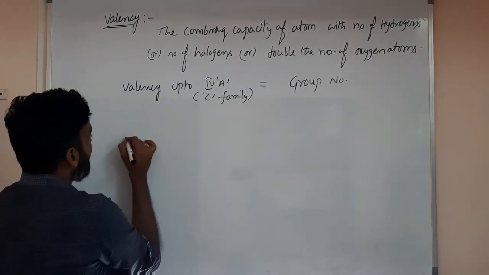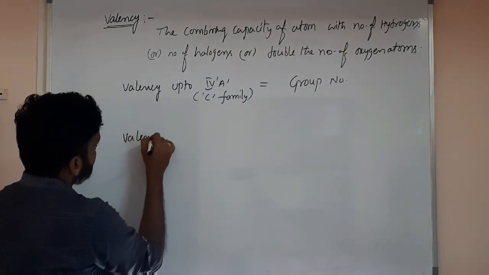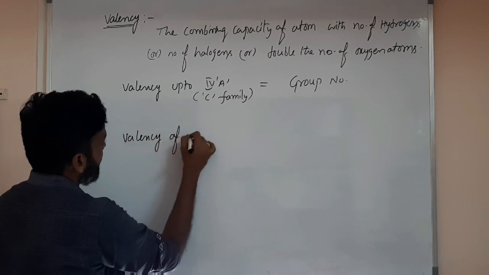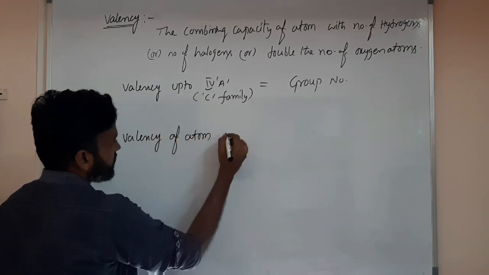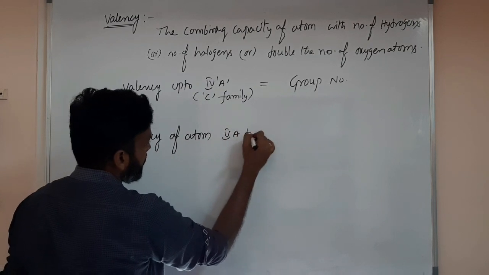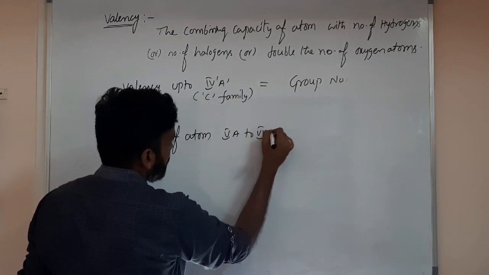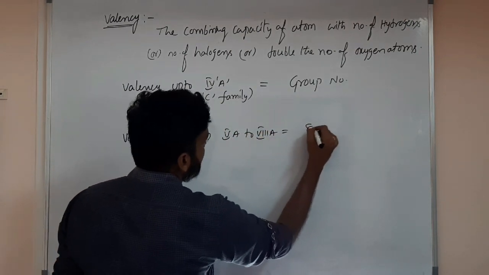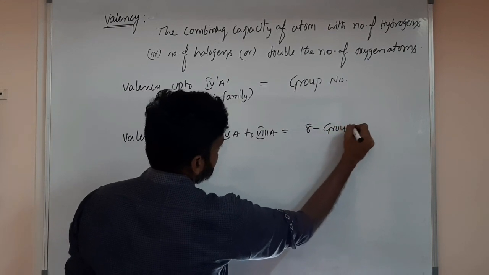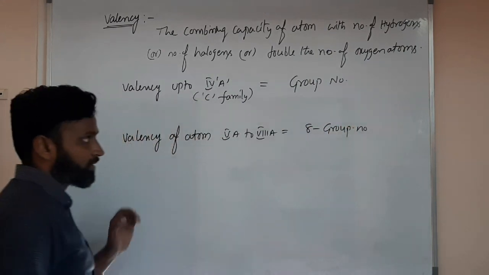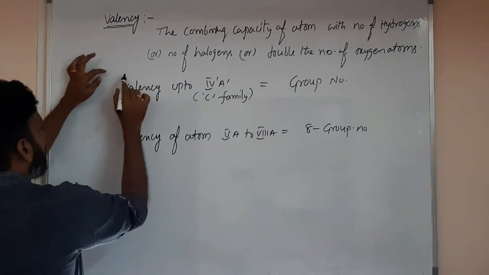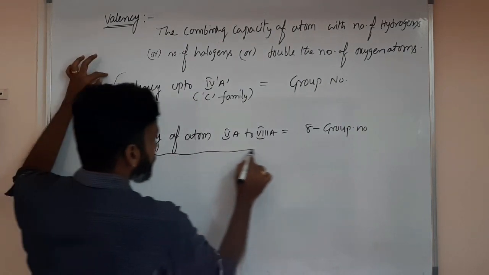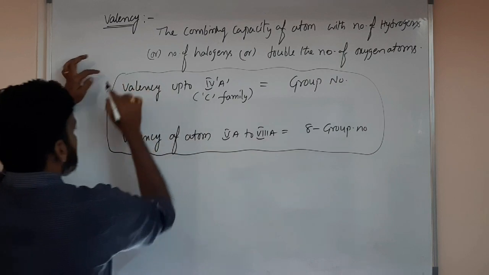Okay. So the valency of an atom which is present in 5A to 8A is 8 minus group number. These two we have to remember. This is very, very important.